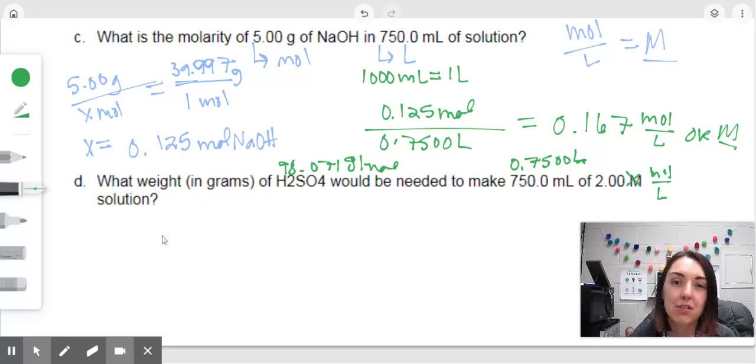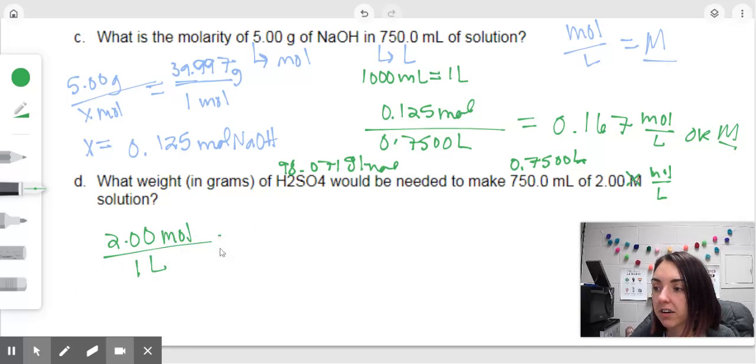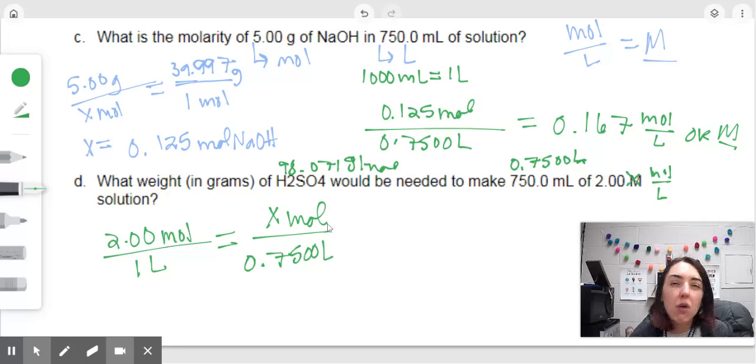So if I wasn't sure where to go, I'm just going to take what I know. I know I've got this 2.00 moles for every 1 liter. I know I've got 0.7500 liters. And then that means this would be X moles. So I don't know how many moles I have.